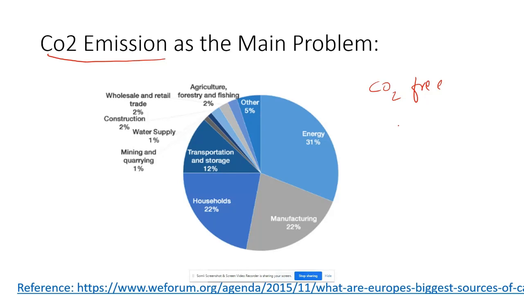Even India has taken up an initiative to go for CO2 free emissions by certain deadlines. So CO2 is the main problem for engine vehicles, and the answer to replacing engine vehicles to get rid of CO2 is electric vehicles or electric drive units.